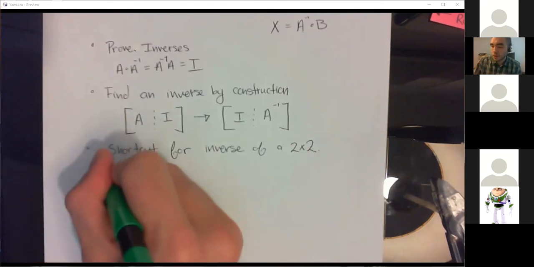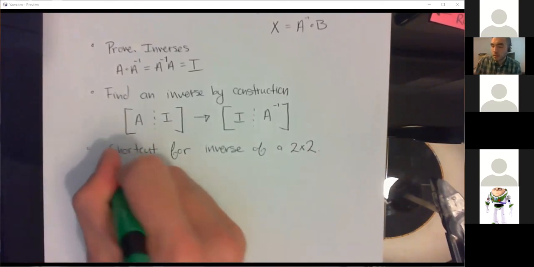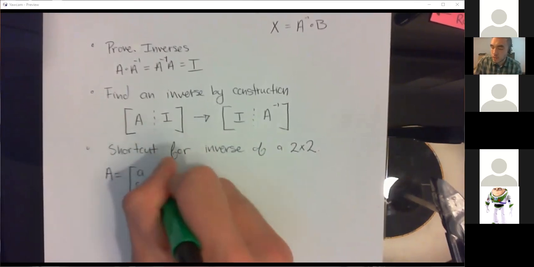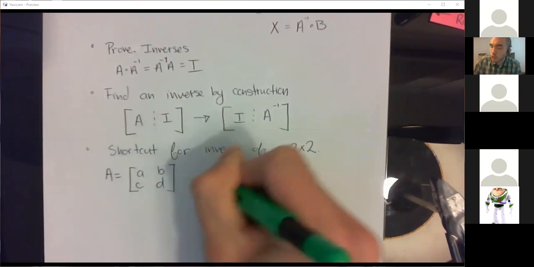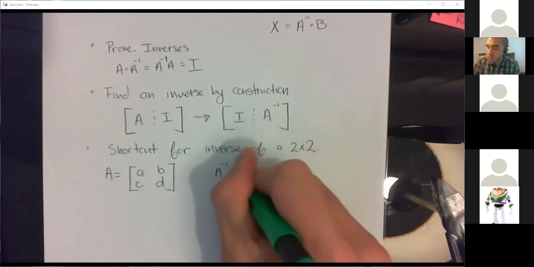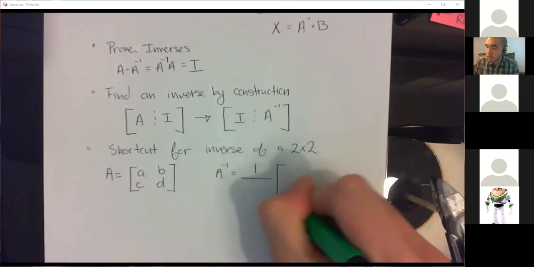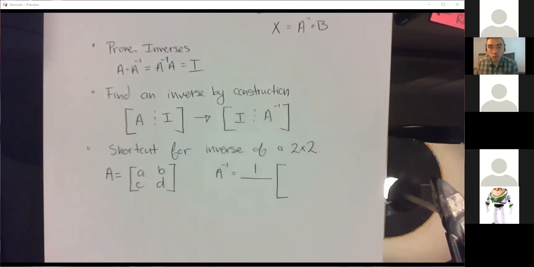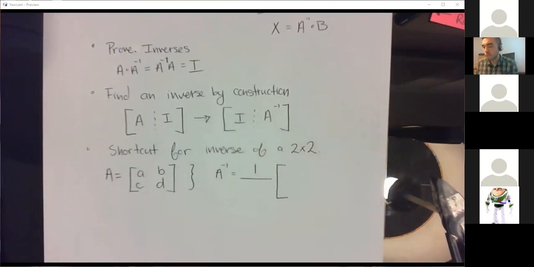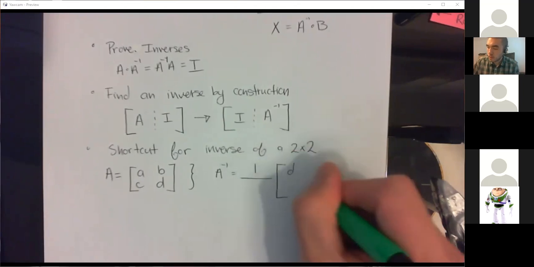But just as a quick reminder, if A is equal to the following 4 entries, a, b, c, d, then the shortcut would tell us that A inverse is equal to 1 divided by something multiplied by, and how do we do the shortcut? How are we going to move these pieces around? Switch a and d and switch the signs of b and c.